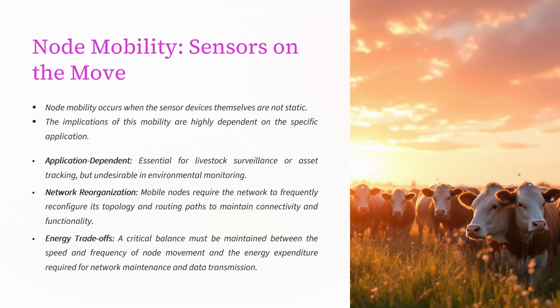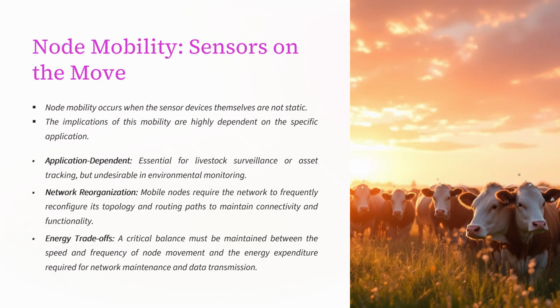This is the description of node mobility, and this is an example. Here the node is the source of information which is about to move from one place to another place. A very good example for node mobility is livestock surveillance. Suppose I am going to monitor the habitat of an animal.